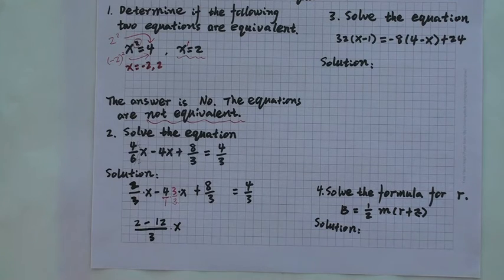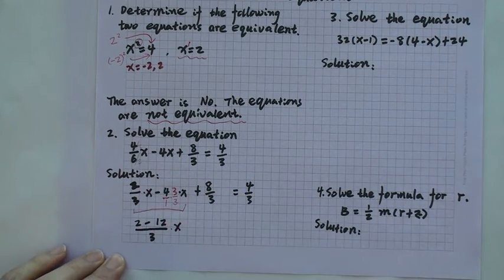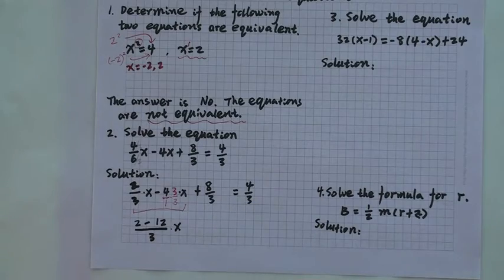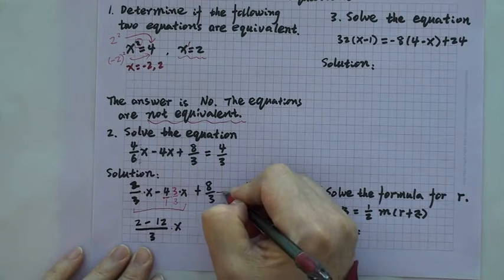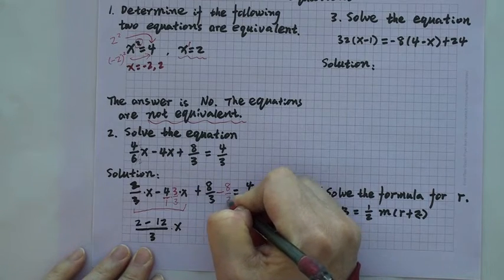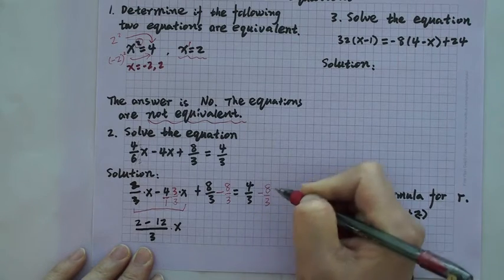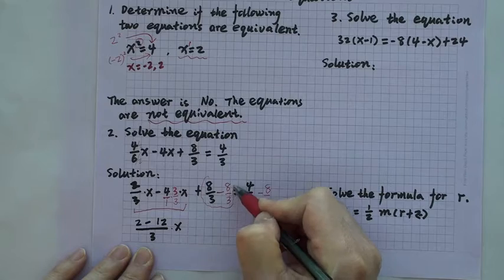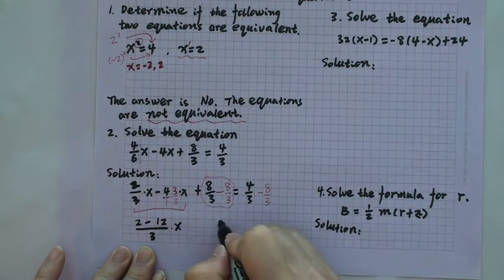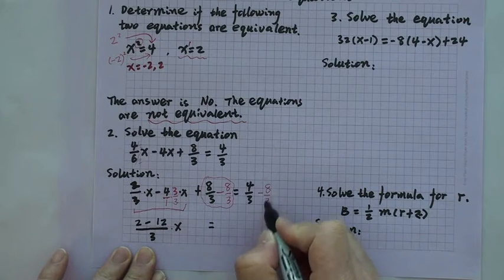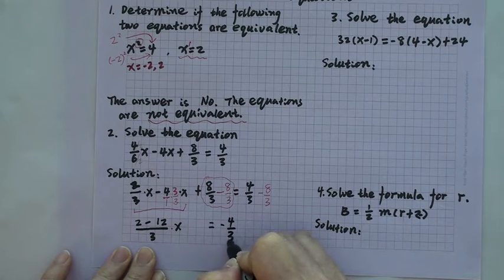Now, we are okay with these terms on the left. How about the one here? What you may do is subtract 8/3 from both sides. Then these two cancel. The right-hand side will be 4 minus 8, which is -4, over 3.